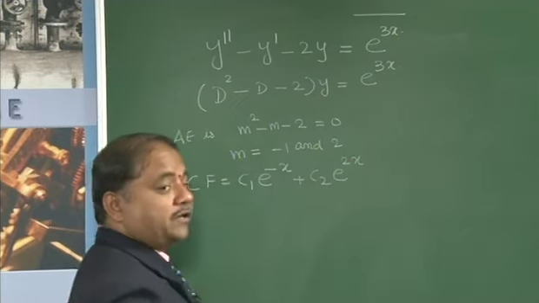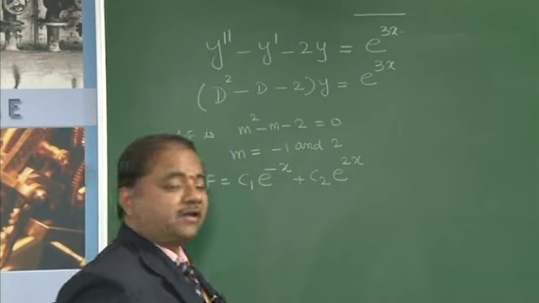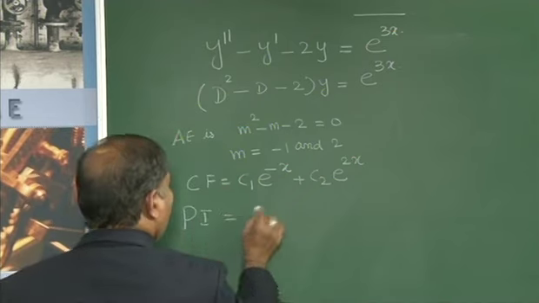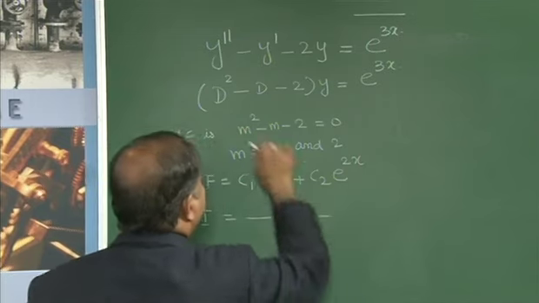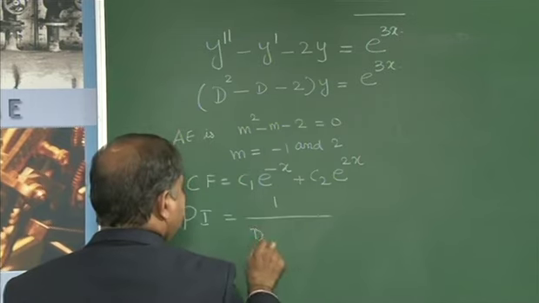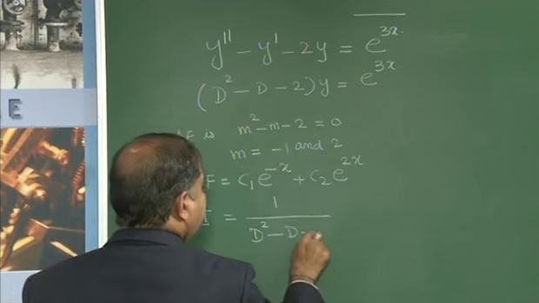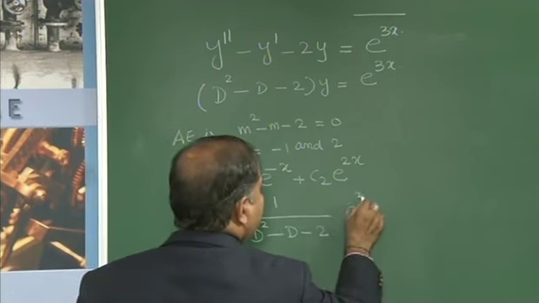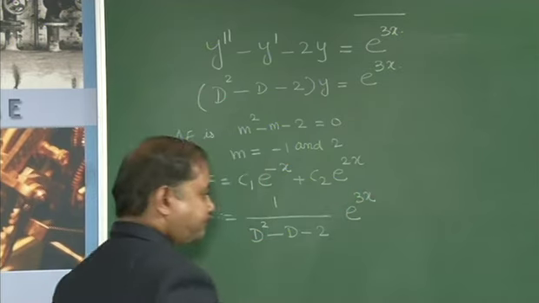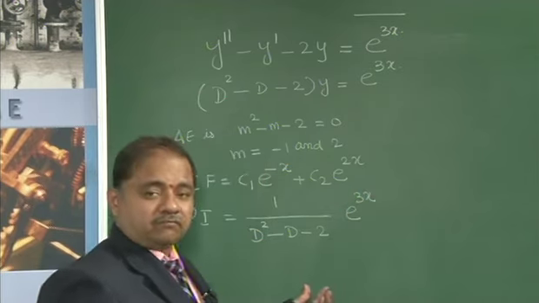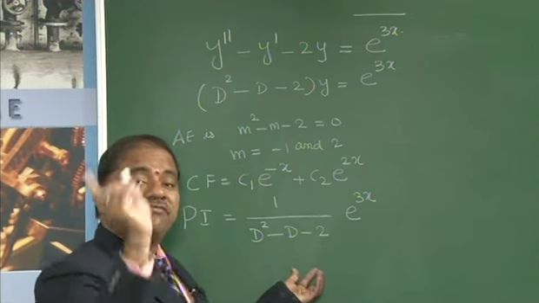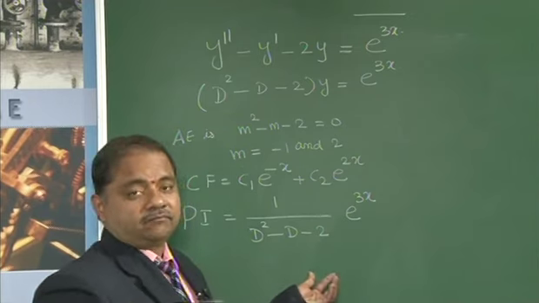Until this you already know. Now, the particular integral: 1 divided by (D² − D − 2) on the right-hand side e^(3x). This particular method is called the inverse differential operator method.